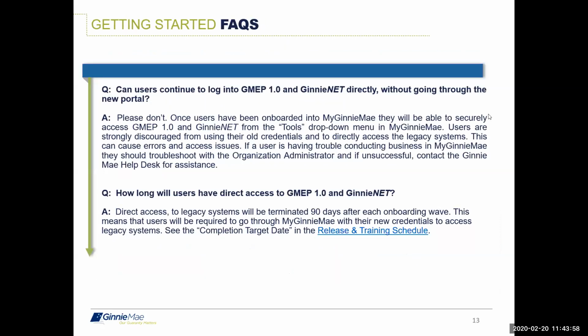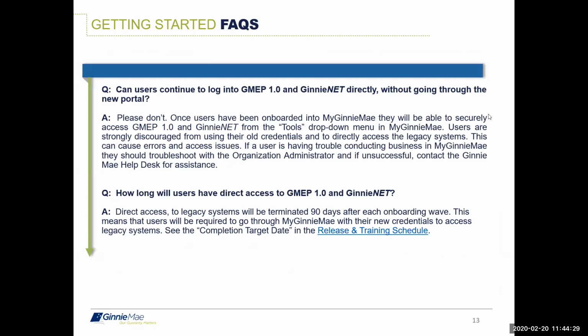Okay, a couple of frequently asked questions. One of the questions that we get from time to time, even after covering this content, is can users log into GMAP 1.0 and GinnieNet directly without going through MyGinnieMae? The answer here is please do not. For the next 90 days, as your organization administrators are setting up your accounts in MyGinnieMae, you will be able to access GMAP and GinnieNet directly with your old credentials.